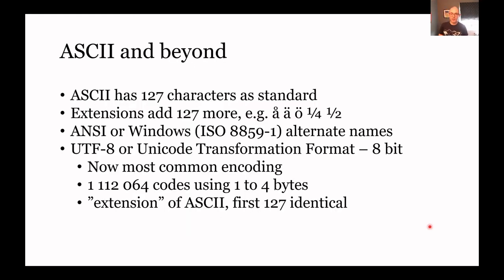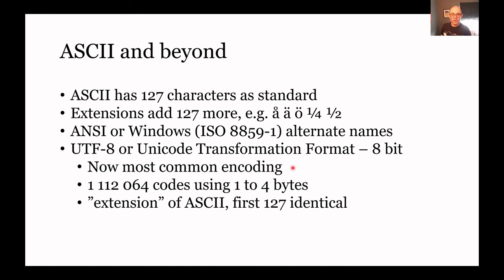This is obviously kind of a limitation in the modern world, and so there are extensions to this. So modern extended ASCII has a lot more characters in there. So we have, in my example here, the Swedish letters, and then symbols for quarter and a half, stuff like that.